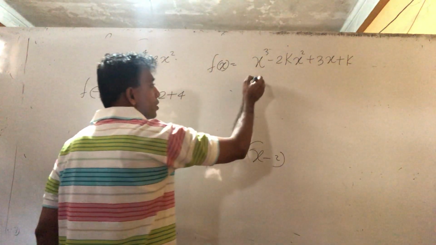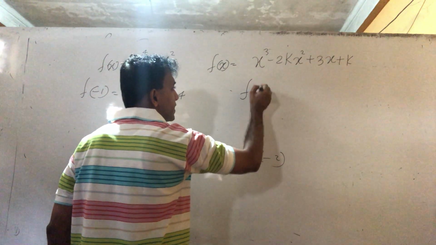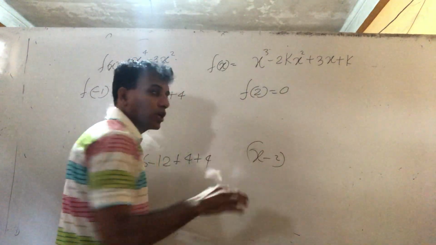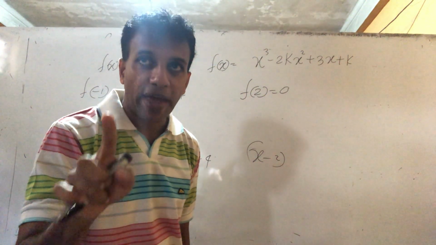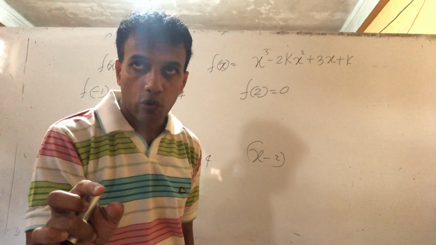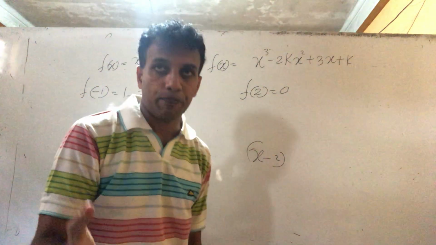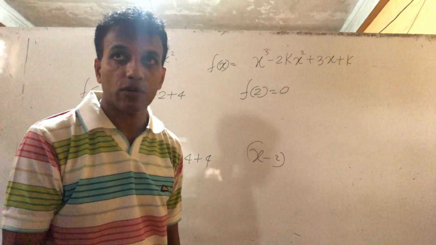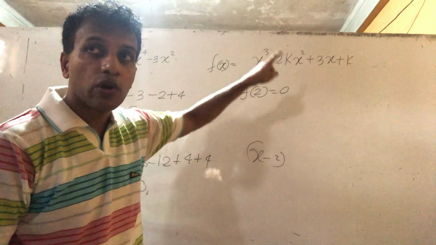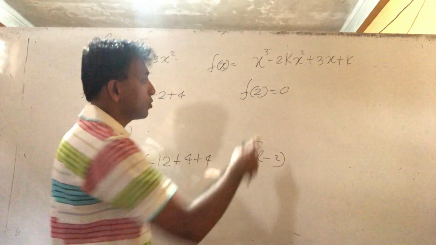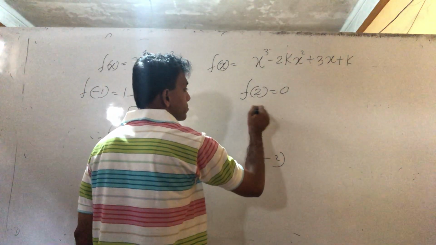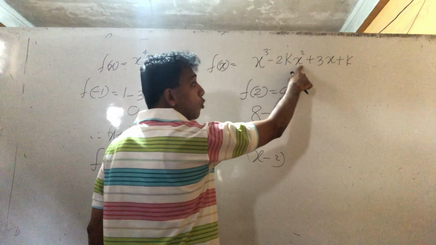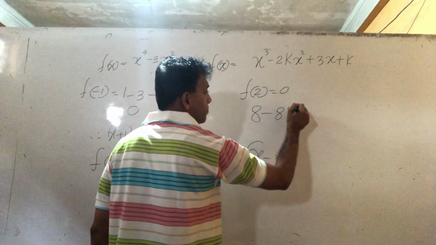So f of 2 is 0. You can write that x minus 2 is a factor, therefore f of 2 is 0. So put in f of 2 and find the answer. Put x for 2, 8 plus 8, 4 for 8k.